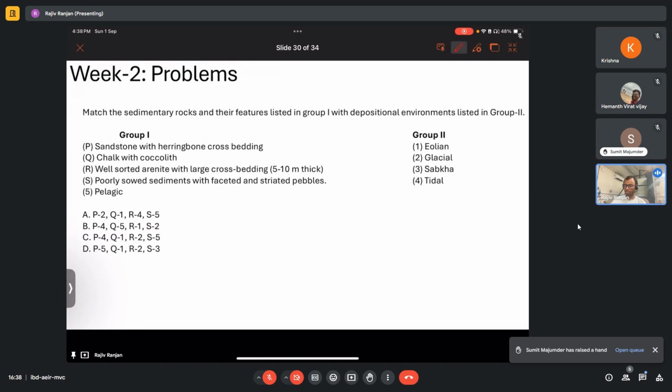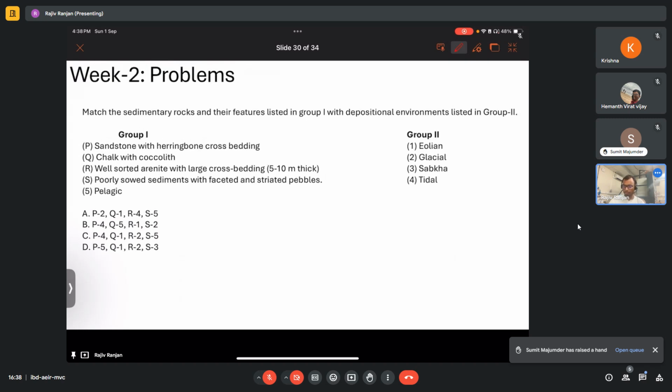Okay. So the next question is match the following. Match the sedimentary rocks with their features listed in group 1 with the depositional environment. Here it will help you to understand. So try to match this.